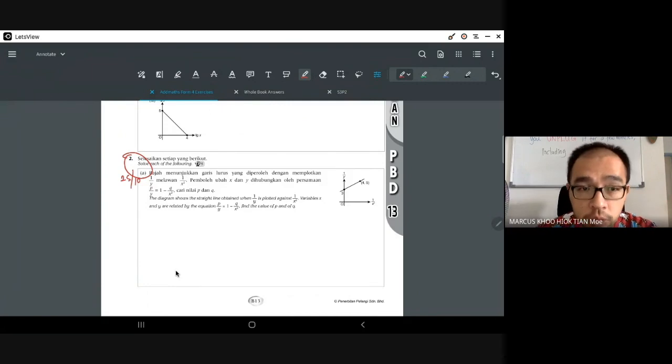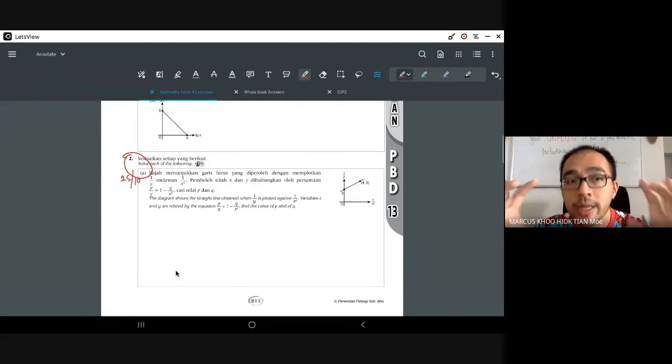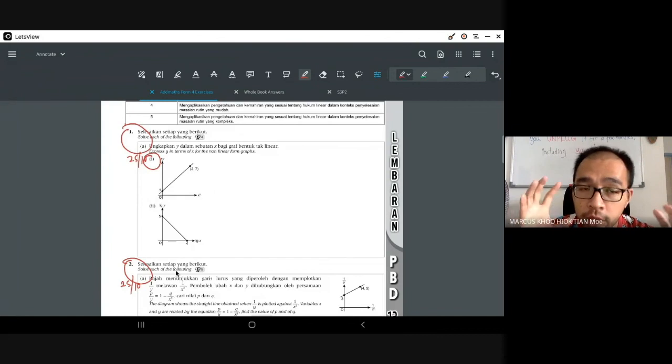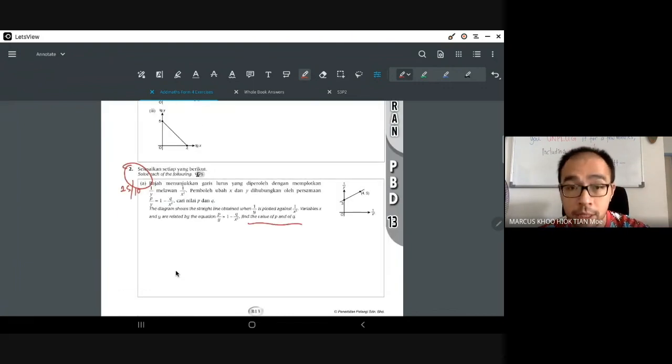Form the equation first, and then after that, this one is express y in terms of x, same as question number 1. This one is find the value of p and q, same as question number 2.